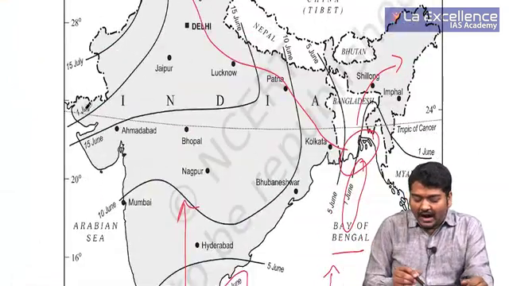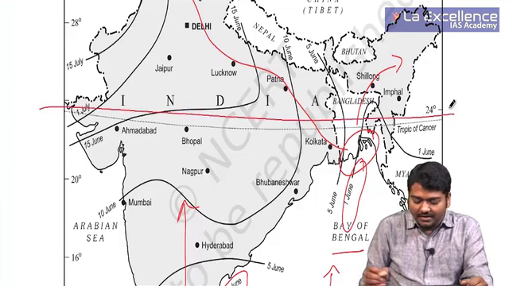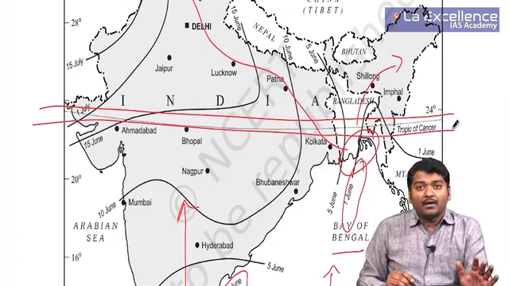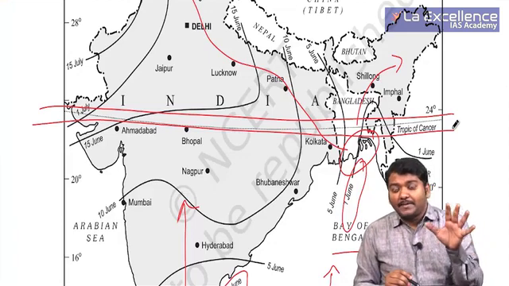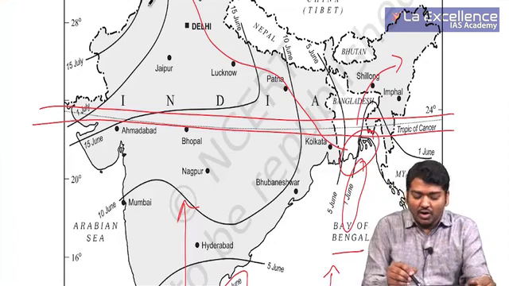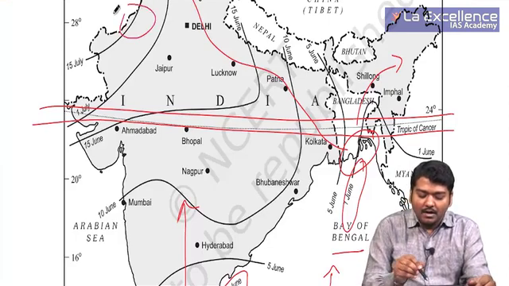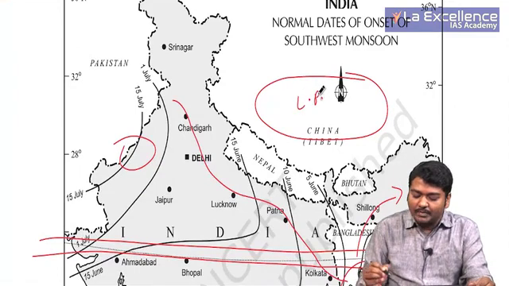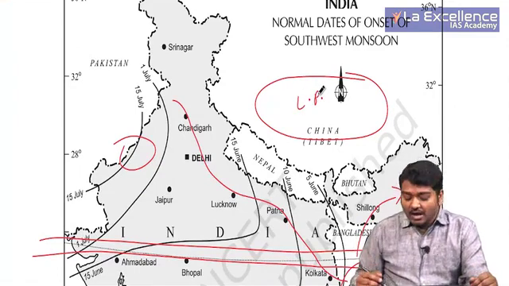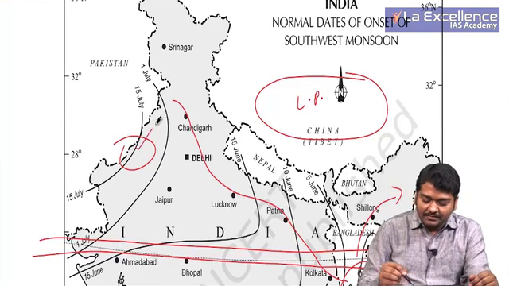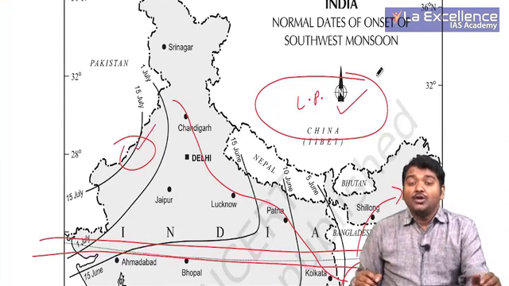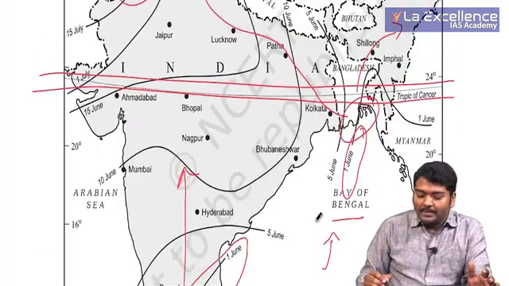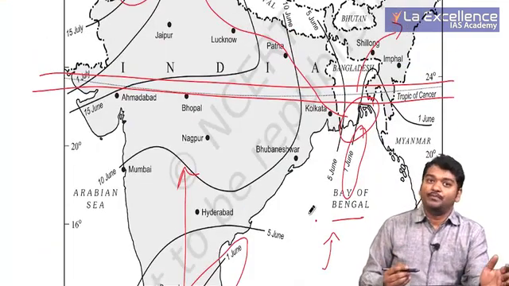See guys, ITCZ is usually present here, 23.5, but because of high temperature being noticed in the northwestern part and also Tibet, correct, we usually see intense low pressure at various points. So with ITCZ shifting sometimes here, sometimes here, usually we observe that the rain bearing tropical cyclones also move.